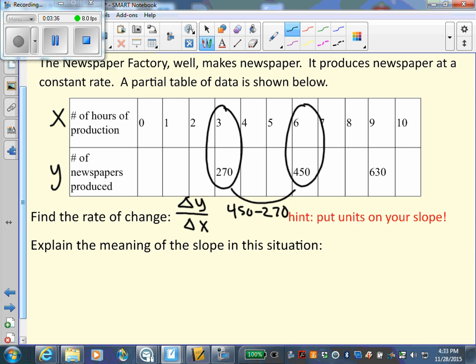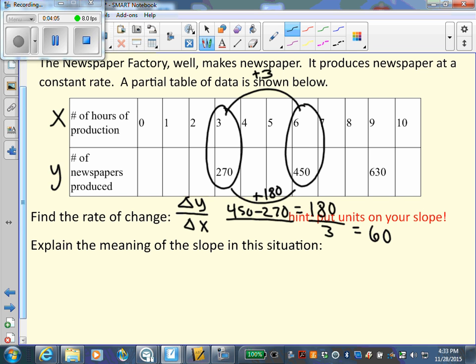And so that seems like it would be about 180. So it's going up 180 from 270 to 450. And then the change in x is going from 3 to 6, it's going up 3. So then we reduce. 180 divided by 3 is 60.